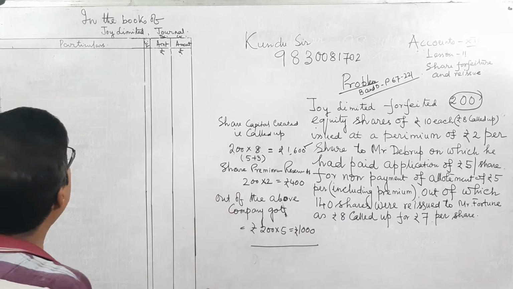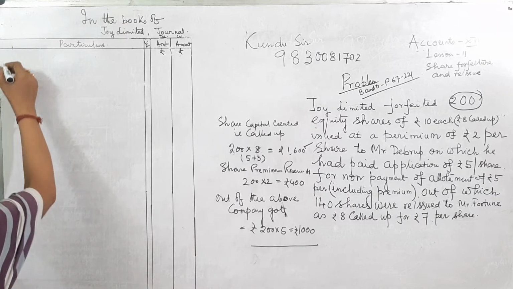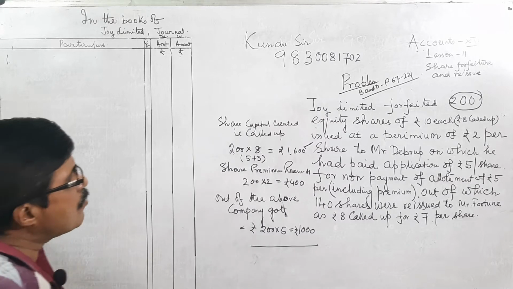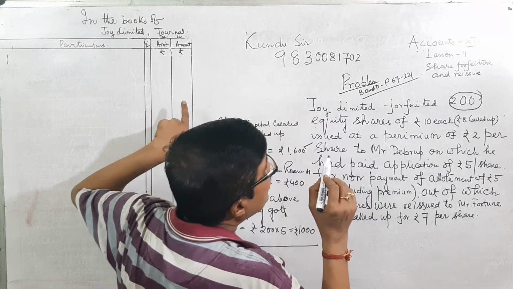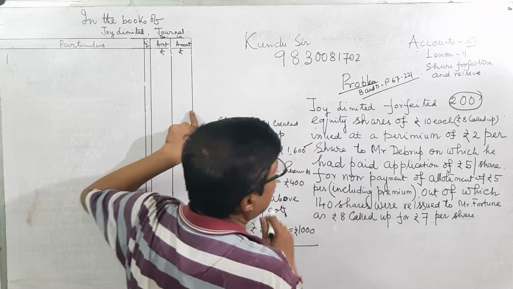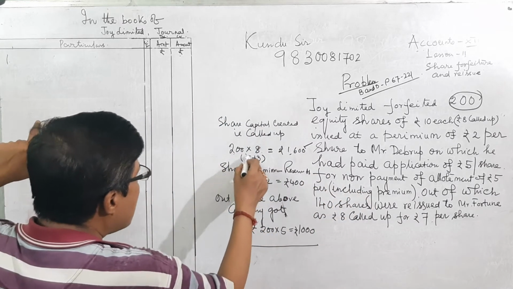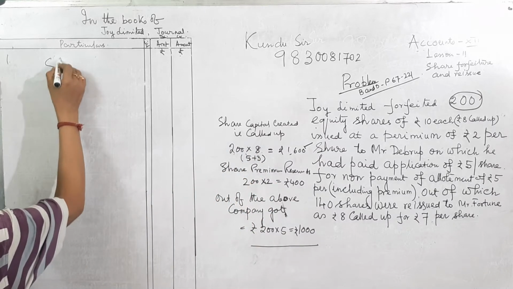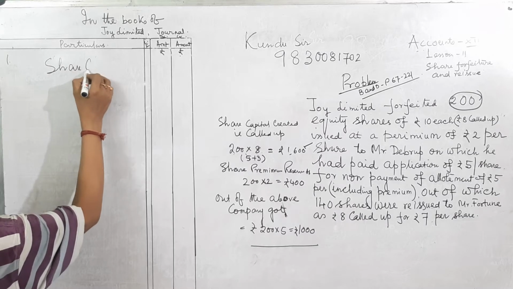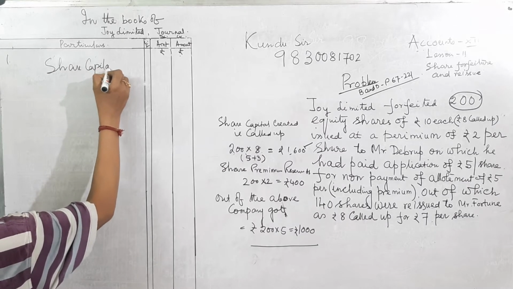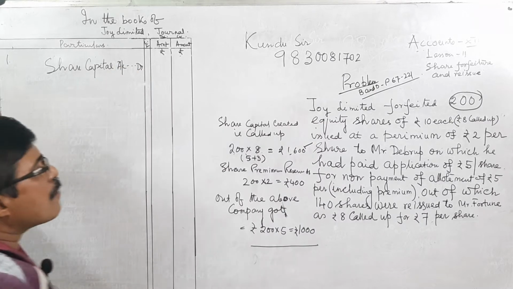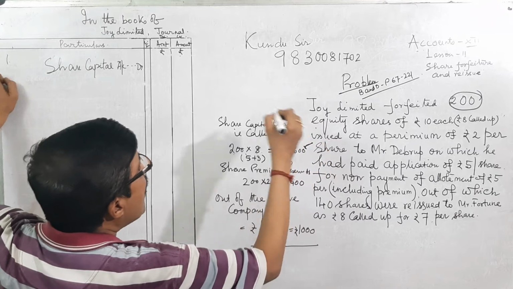The first journal is Journal 1. We are forfeiting the share capital created at the time of application and at the time of allotment. That is 5 plus 3 equal to called up capital. So share capital account will be debited by this.